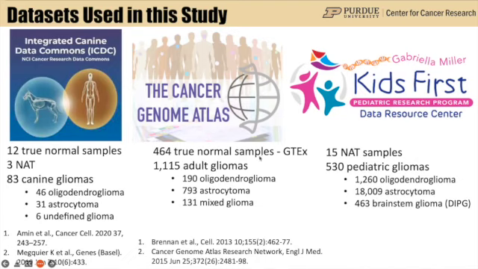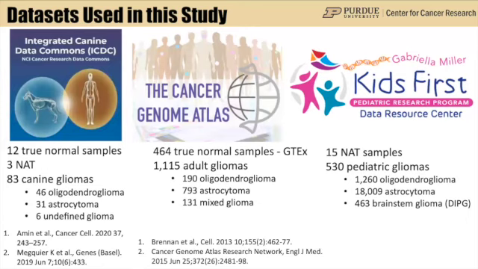Then we also compared this data to human data sets, specifically the Cancer Genome Atlas data set, which contains 1,115 adult gliomas. 190 of these are oligodendrogliomas, 793 are astrocytomas, and 131 are mixed gliomas.